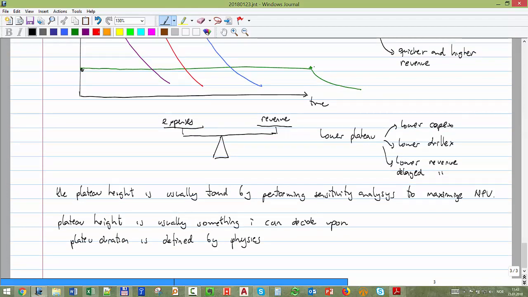So here it becomes extremely important to do a proper forecast of the production profile. Okay, it's extremely important because I can say, well, go for it.